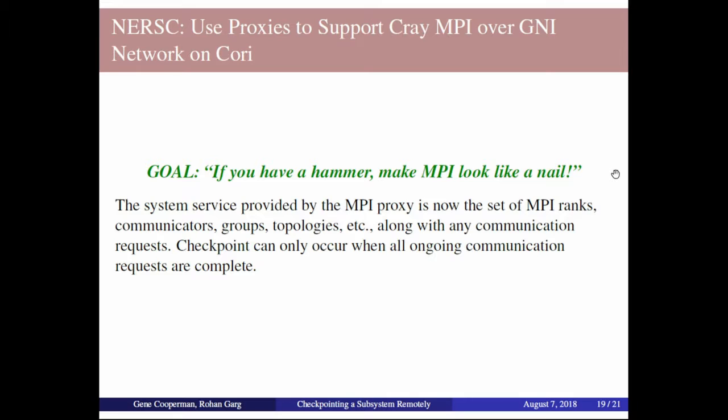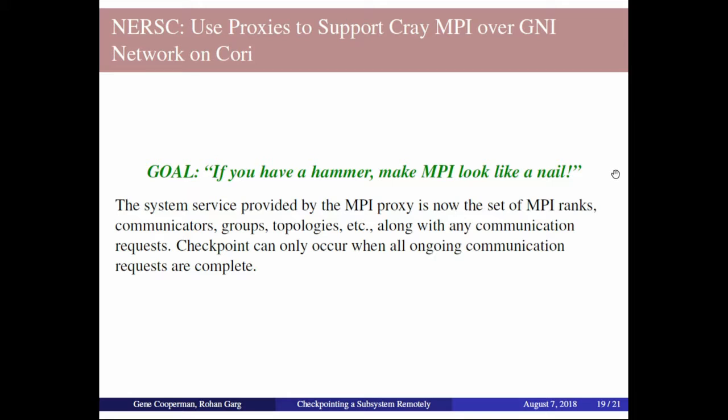So why is this interesting? Well, at NERSC, they're using Cray MPI as their strongly preferred MPI. It's been enhanced especially for the Cray architecture. Plus they have this GNI network that I described, so it's similar in spirit to InfiniBand, but the API is completely different.